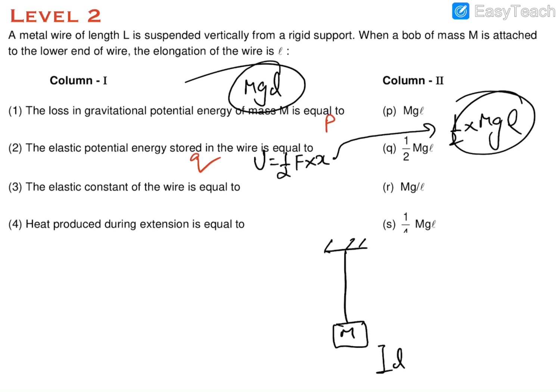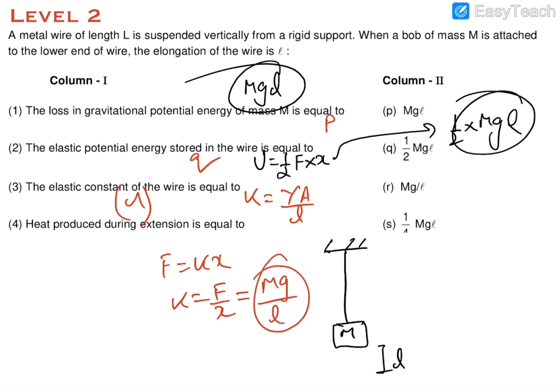Now the elastic constant of the wire is K, and it is YA by L. But we are only given this K, so K can be written as mg by X. We write F is equal to Kx, and therefore K is equal to F by X. So F is mg and X is L, so mg by L, which is option R. And the heat produced in the extension is always equal to the elastic potential energy stored.